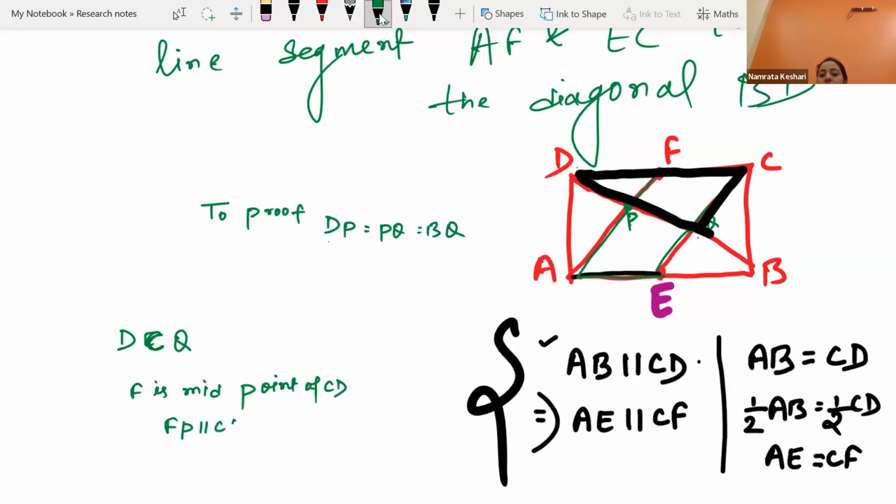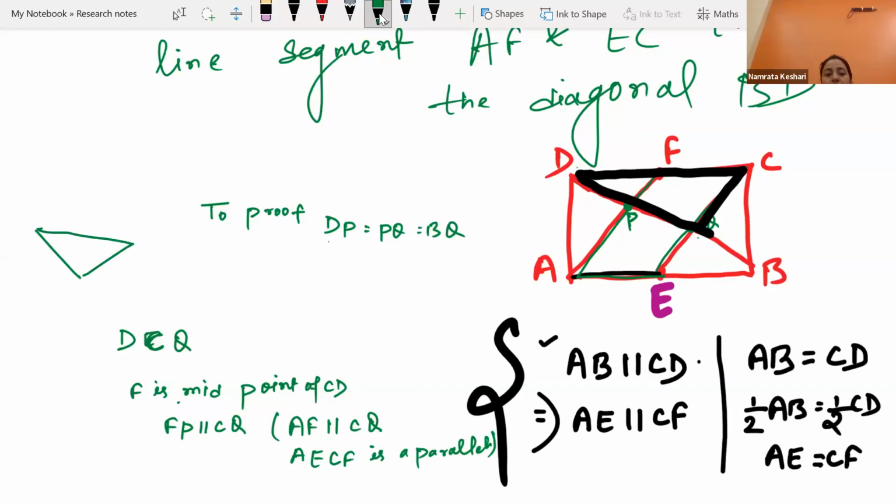Why? Because just now we said that the complete AF is parallel to CE. Why? Because we have just proved that AECF is a parallelogram. After proving the parallelogram, we are writing that FP and CQ are parallel. So if in a triangle you know the midpoint of one side and you draw a line through that midpoint parallel to another side, then it must touch the midpoint of the other side as well.